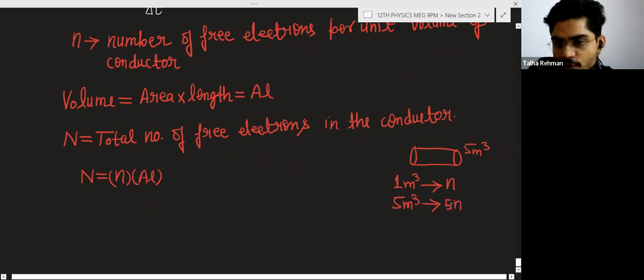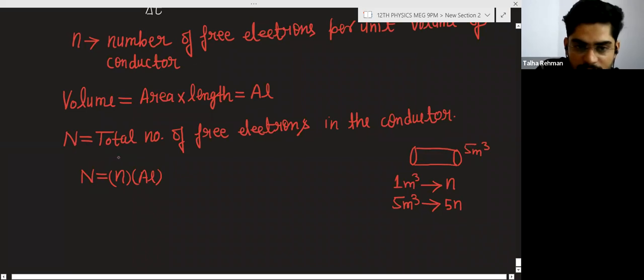What are you doing? You are multiplying the volume with the number of electrons per unit volume. So nAL is the total number of electrons. Now if we want to calculate the charge flowing, it becomes nALe, where e is the charge on an electron.